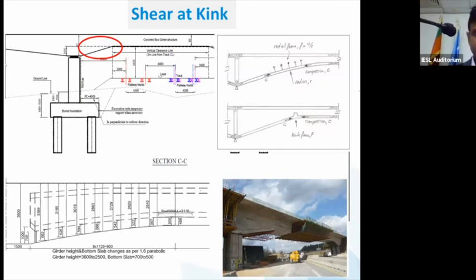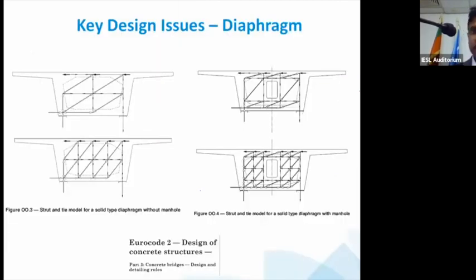One of the key areas of a post-tension box girder is the diaphragm. Again, if you look at the Eurocode, it gives proper guidance. They actually use a strut and tie method. You have the support conditions and the loading, and where you find tension areas, you need to provide reinforcement.